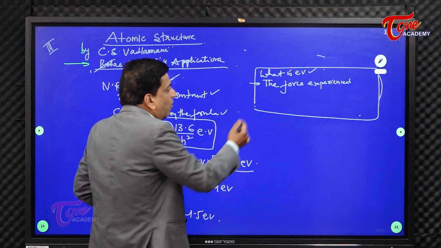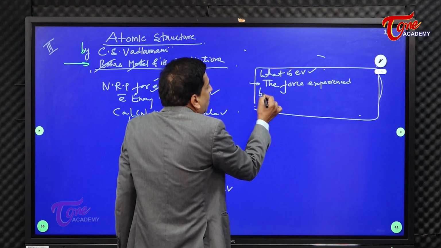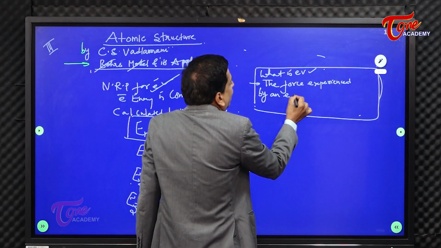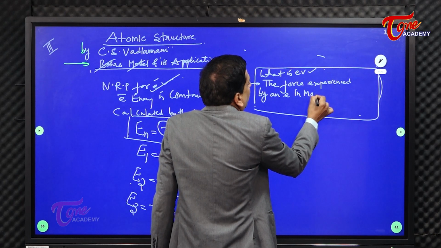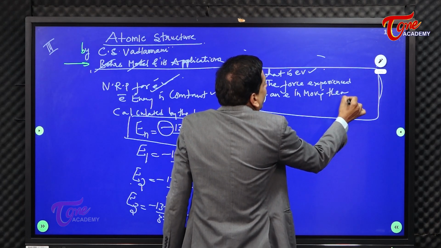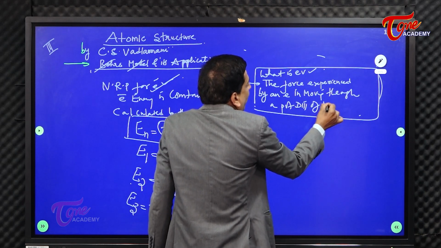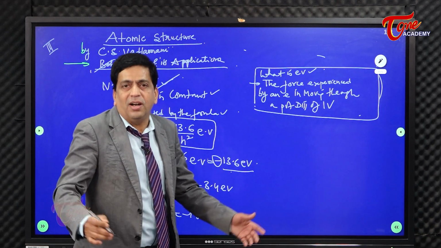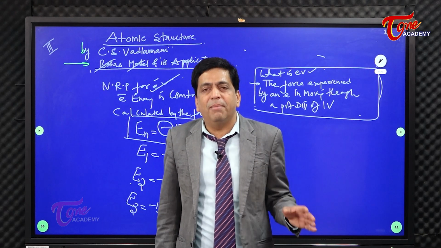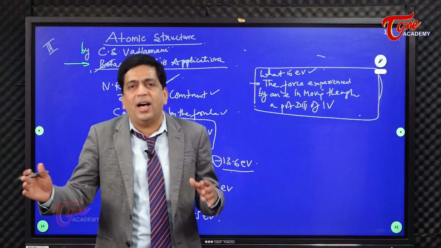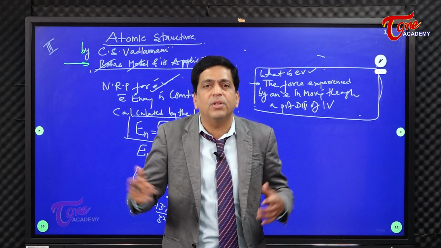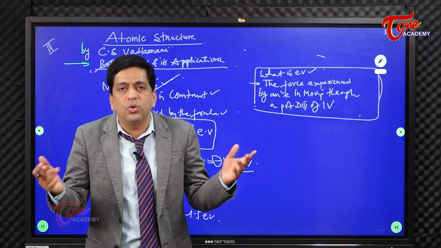So I would like to say the force experienced by an electron in moving through a potential difference of 1 volt. You must understand. The fundamentals are, when you want to move a charged particle, you need a potential difference. Just like that it doesn't move. You need to do some work.